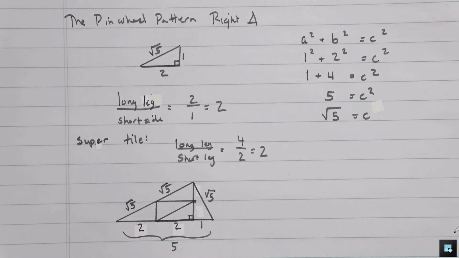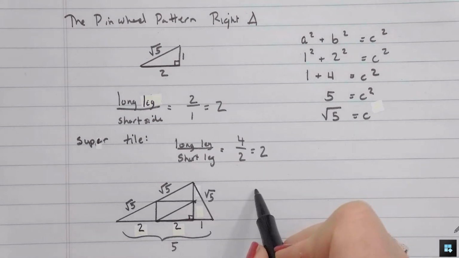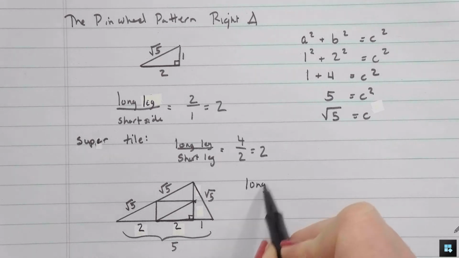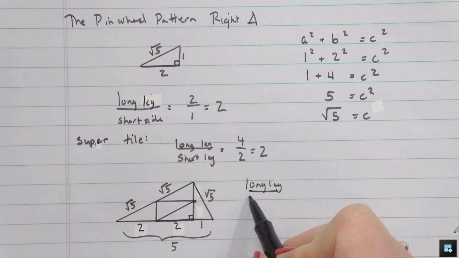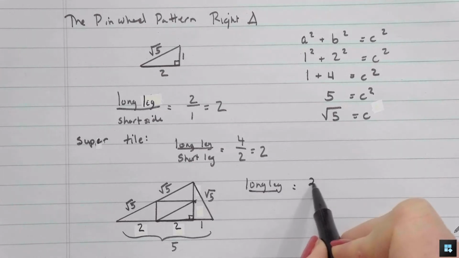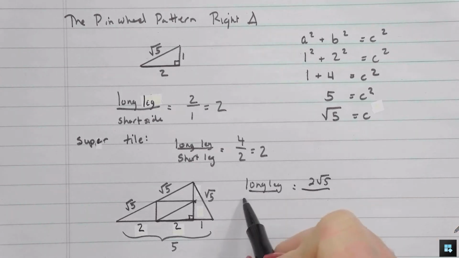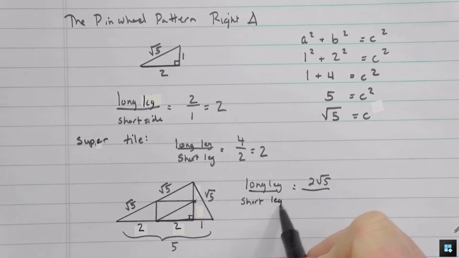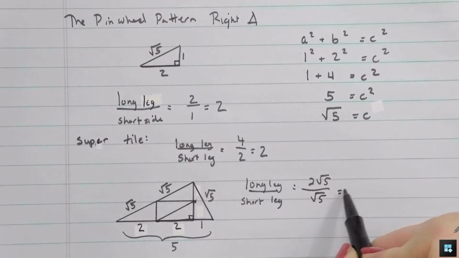So what is that, about 2.2? And we're not going to use the decimal, we're going to use the exact values. So now my long leg is 2 square roots of 5, and the short leg is square root of 5. So that ratio is still 2.